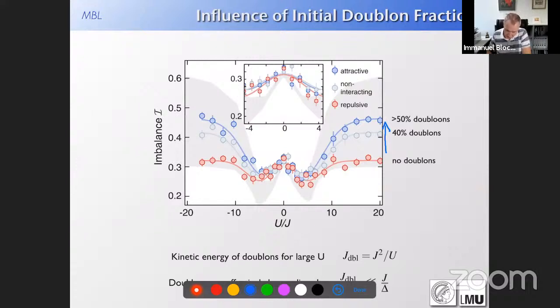That also makes intuitive sense, because if you think of these doublons as heavy objects that don't have kinetic energy J, but can only hop in second-order processes like J squared over U, then these doublons have much lower kinetic energy and you need much less disorder strength to localize them. So for a given disorder strength, the doublons are much more localized than the singlons. This means you would have a larger imbalance in the system, which is also what we see in the experiment.